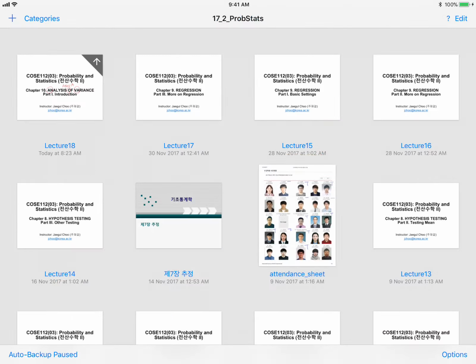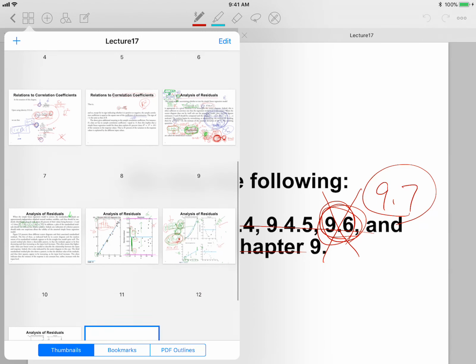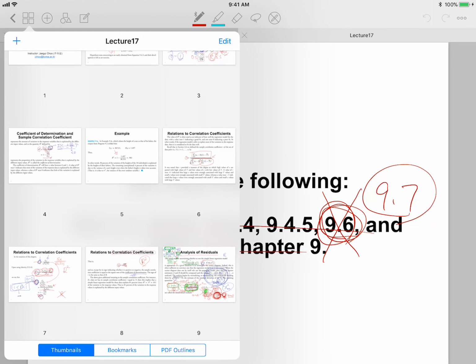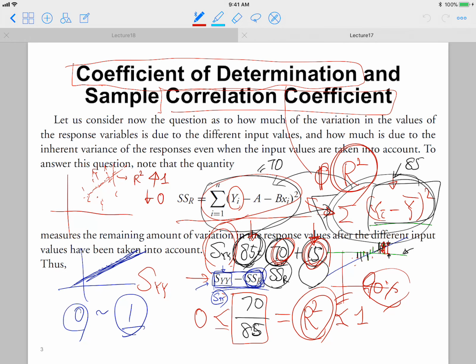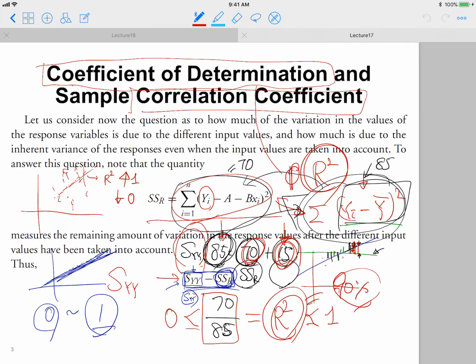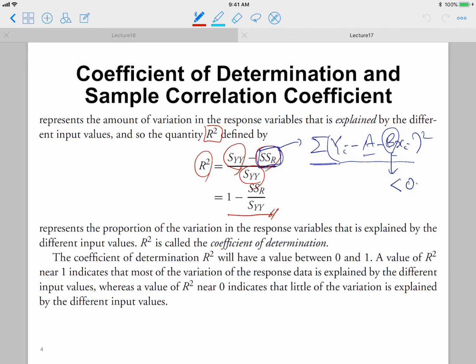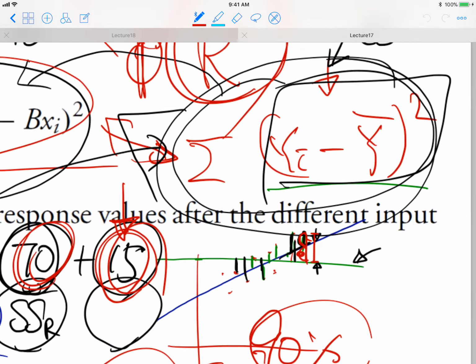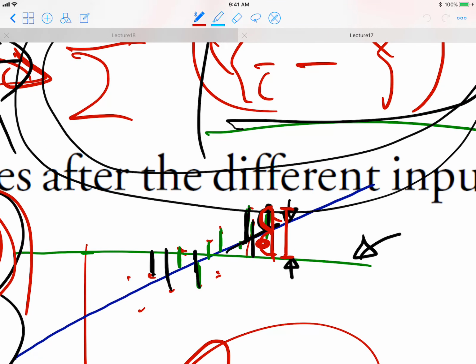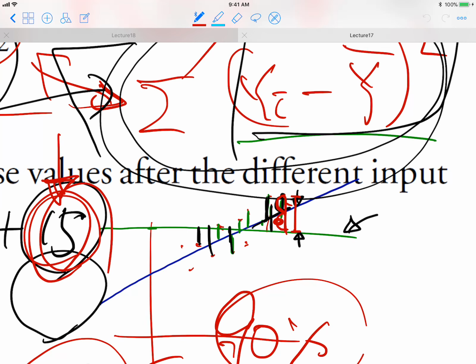If you remember from the regression part, when computing the coefficient of determination, what is called R squared, I mentioned that this value can be decomposed into these 2 parts.